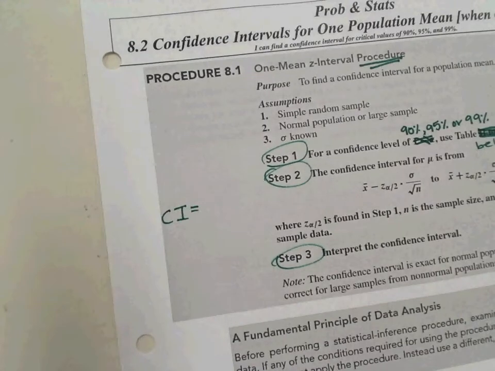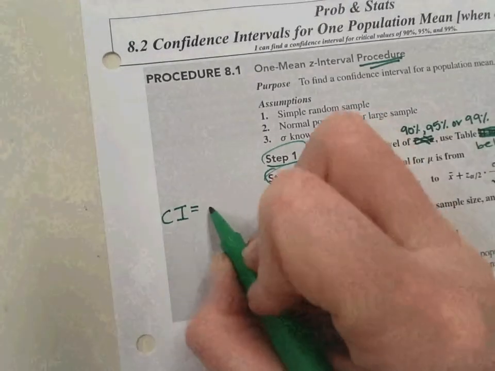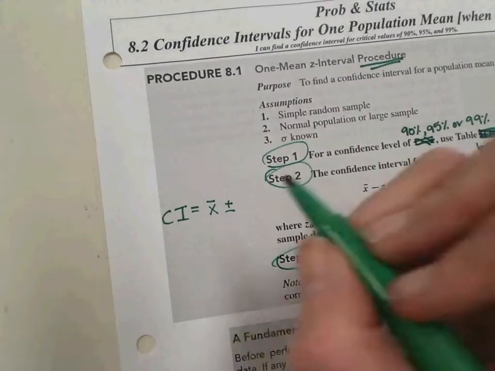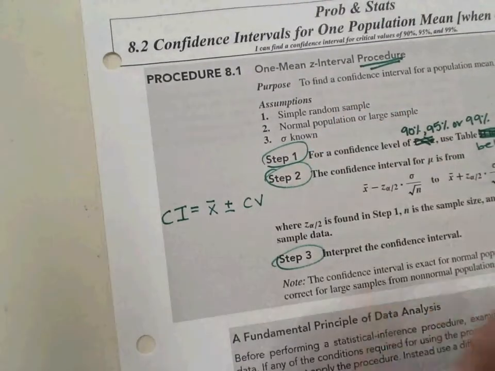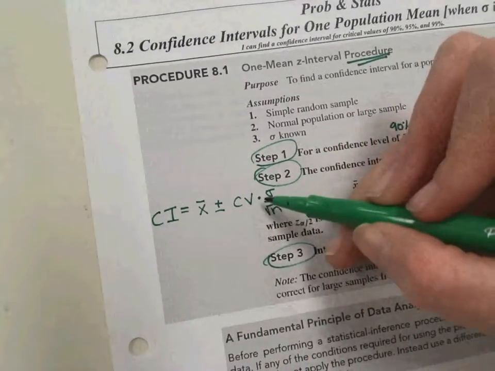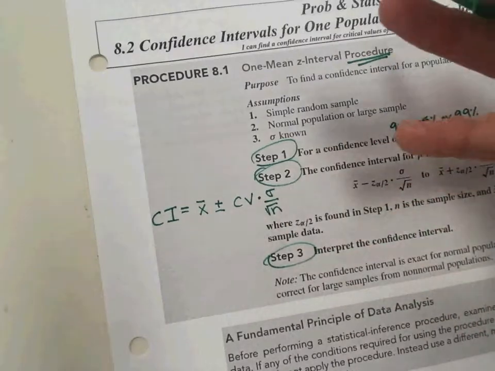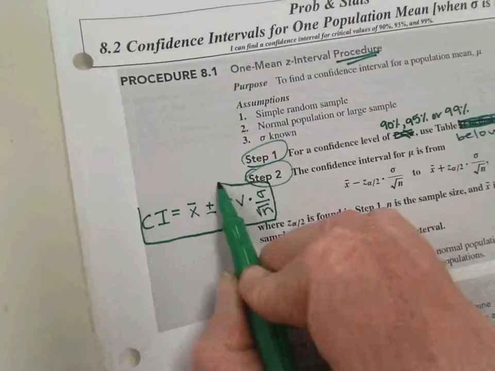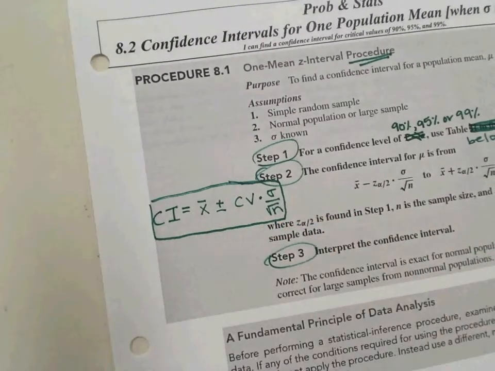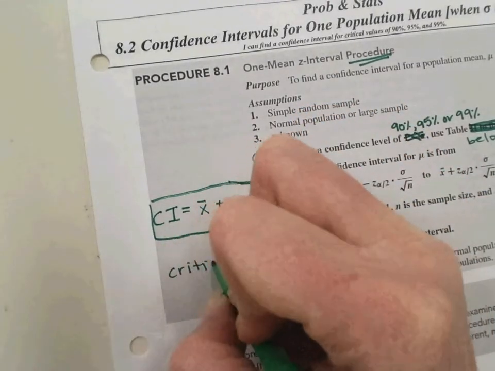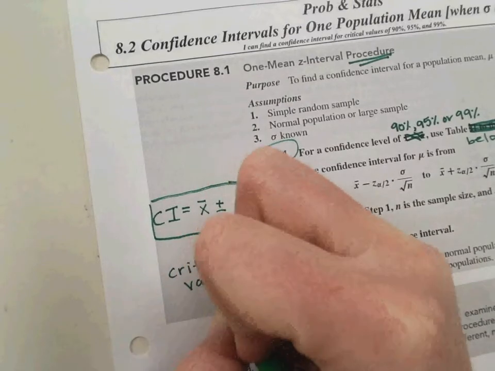For our confidence interval, we're going to do x bar plus or minus CV times sigma over radical n. And this should look familiar. Sigma over radical n, that's sigma sub x bar. Same thing. So this is our step 2. Calculate the confidence interval. And we're still learning CV, that's critical value.